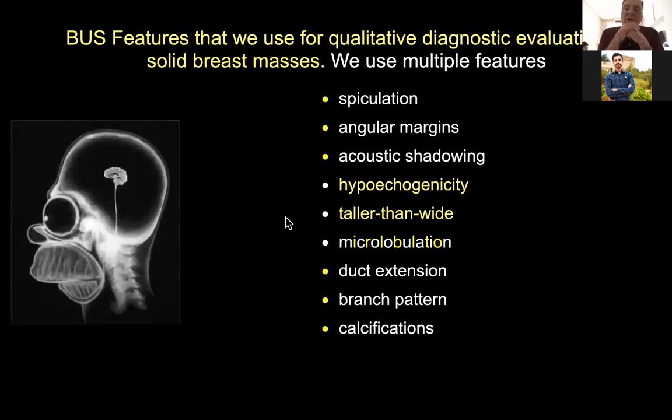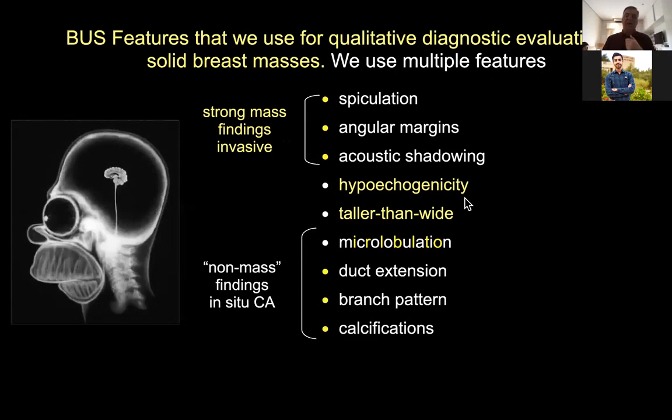Now, how do we know what's the invasive part and the DCIS part? Well, we have strong mass findings that are signs of invasion that include spiculation, angles on the margins, and acoustic shadowing. And we have non-mass findings, which correspond exactly to the non-mass enhancement on MR, that include enlarged ducts, duct extension, branch pattern, microcalcifications or microlobulations. And in ideal cases, we'll find these microcalcifications inside of enlarged ducts or microlobulations.